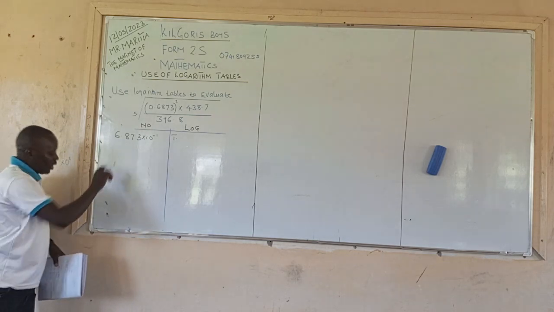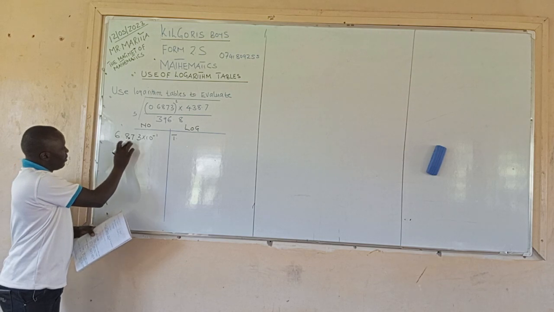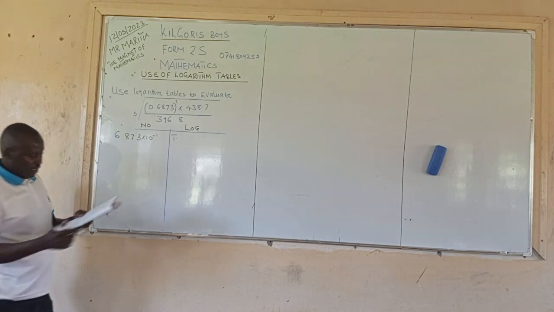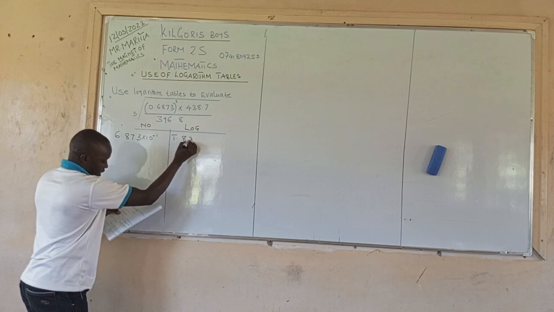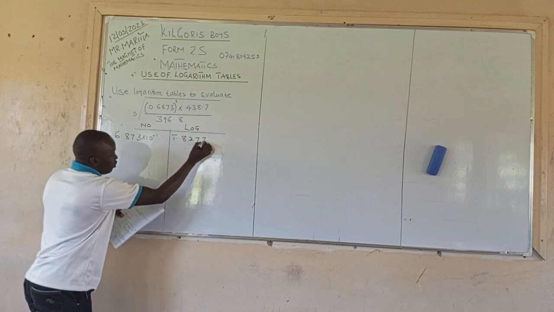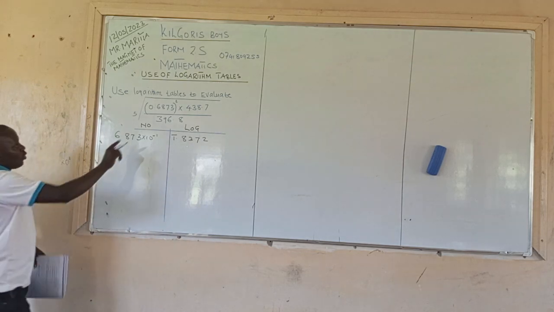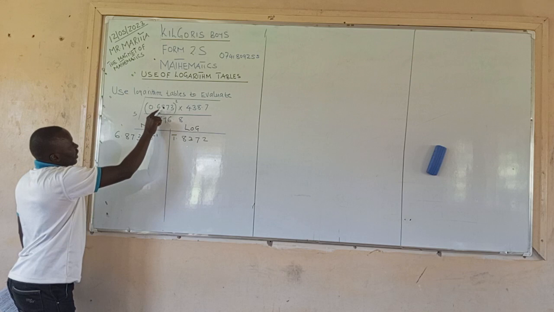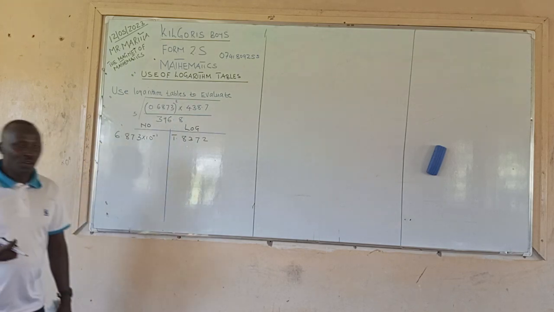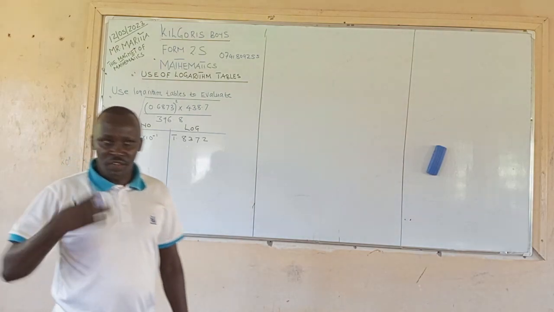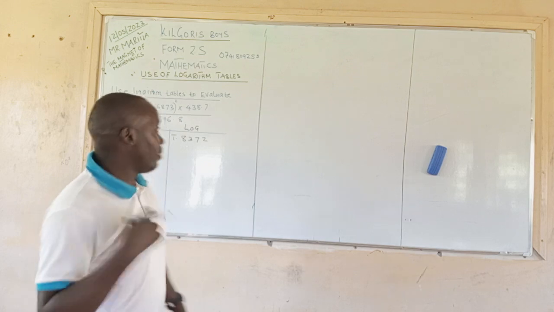From our logarithm table, we read the log of 6.873, which reads as 8, 3, 7, 2. Then this number is raised to a given power. When a number is raised to a given power, you multiply the logarithm of that number by the power.